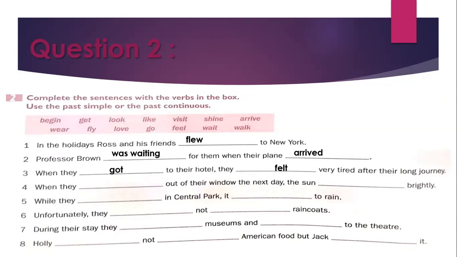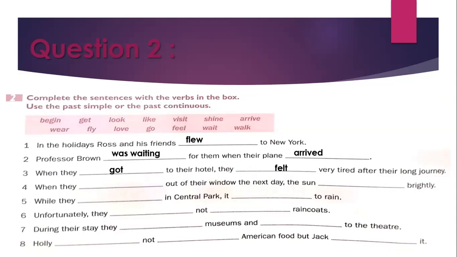Now, if I ask you, why didn't we use past continuous? I will ask you, do we have a long action here? No, we didn't have a long action. Both of them are short actions. Okay, so with short actions, we use simple past.